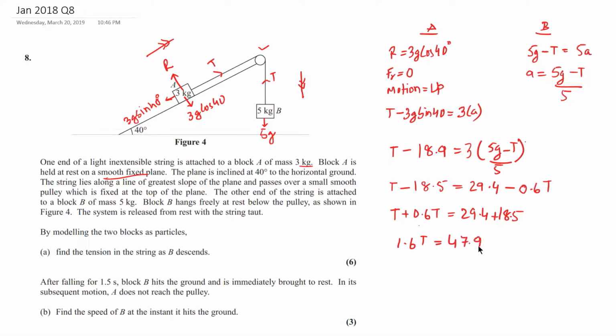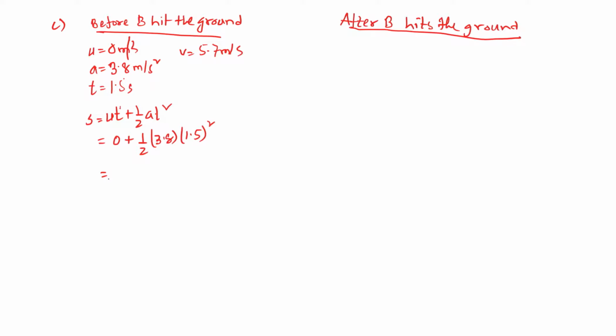If we put the values here, it will be 0 plus 0.5 into 3.8 into 1.5 squared, so it will be 4.275 meters.